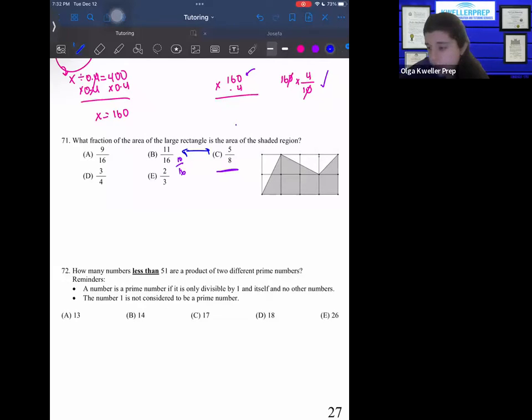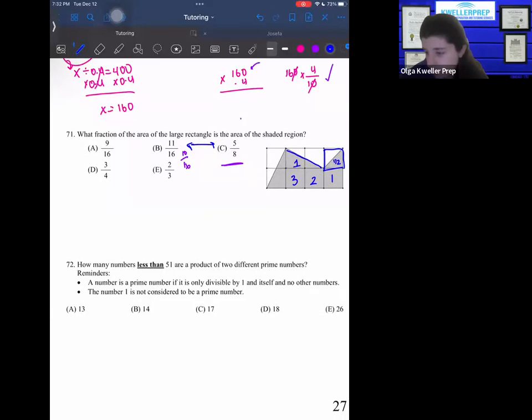So we've got half of a square here. That's definitely a half, right? Then we've got 1, 2, 3. And then this looks like it's half. So this is one full square, it seems like.